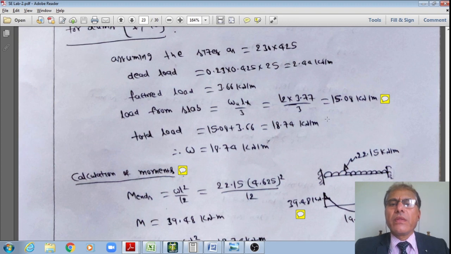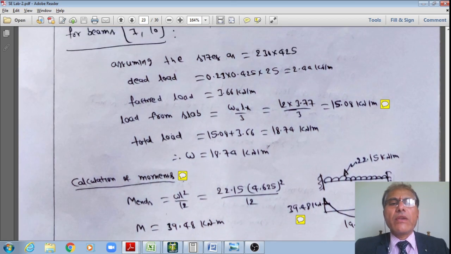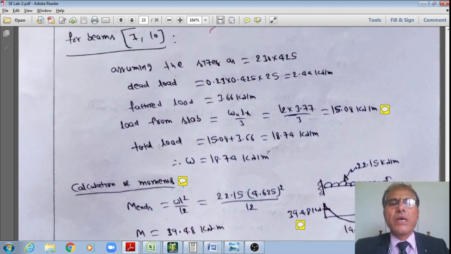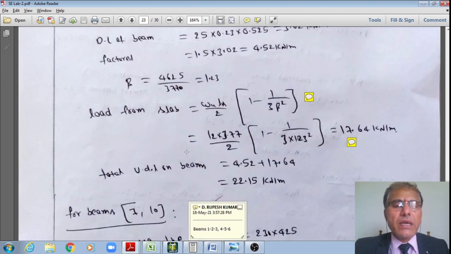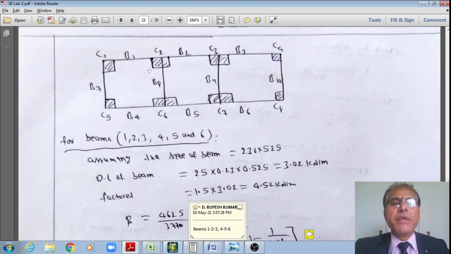And that is how the total load is obtained, student, for the triangular load. Once I get this, I'll go to the calculation of moments on these continuous beams. Similarly, I'll calculate that on the interior beams also.